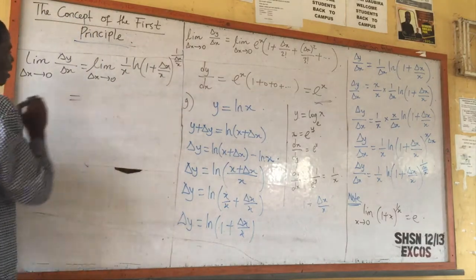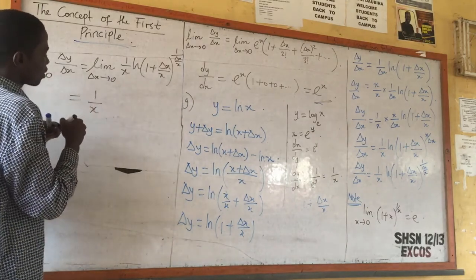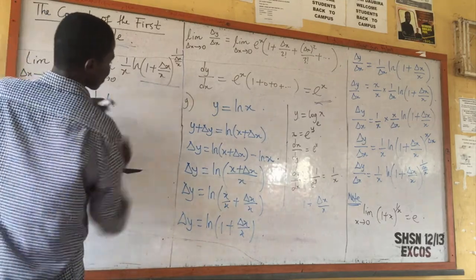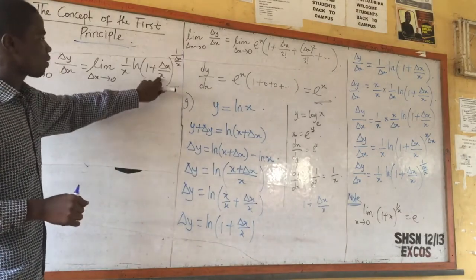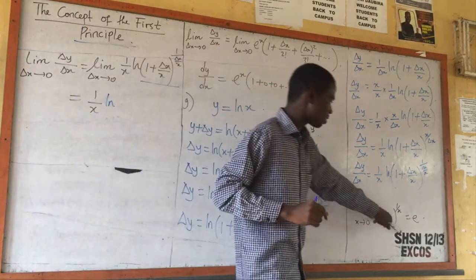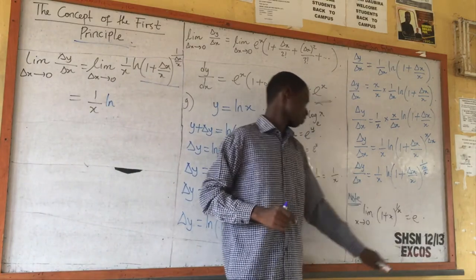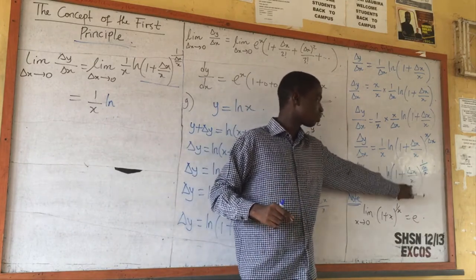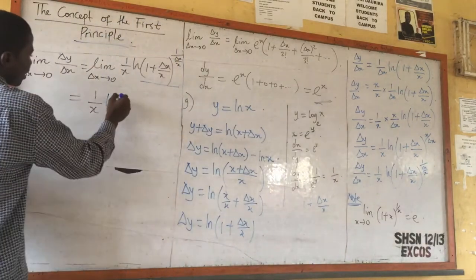This one does not have delta s, it will be 1 over s ln of 1 plus delta s over s raised to power 1 over s. As delta s goes to 0, this one too will be ln e.